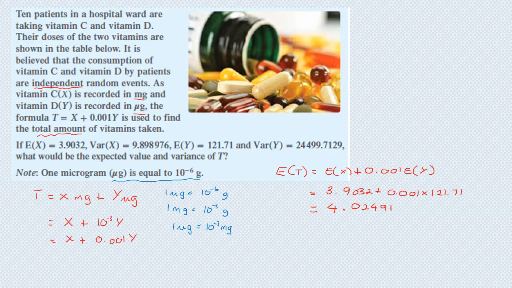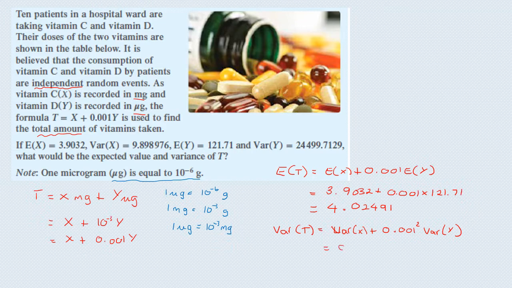You can check this on your calculator, and we will get 4.02491. We then have a look at the variance of T, and we can use that same formula before, A squared times the variance of X. There's no coefficient of X, so it's just going to be the variance of X, plus B squared, which in this case is 0.001 squared, times the variance of Y. We substitute in values.